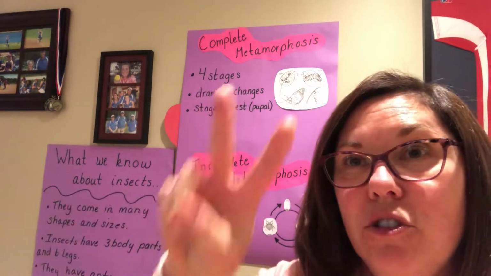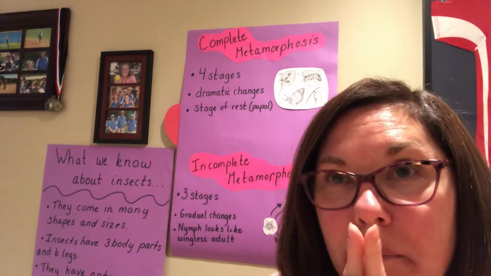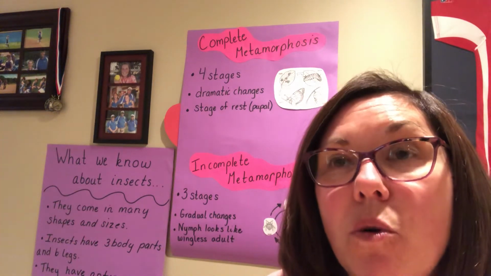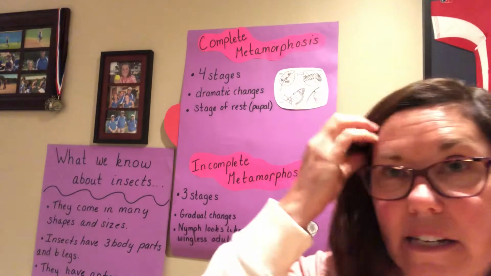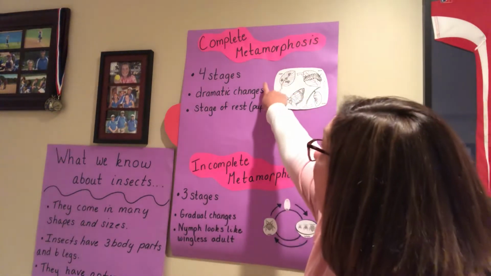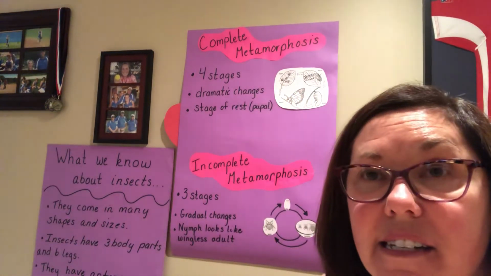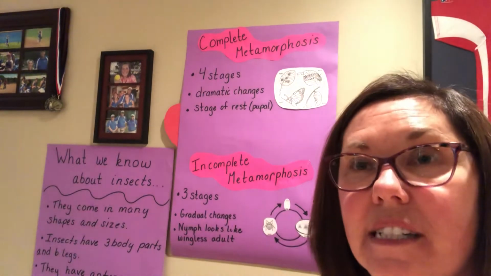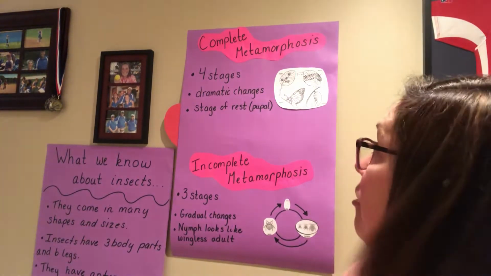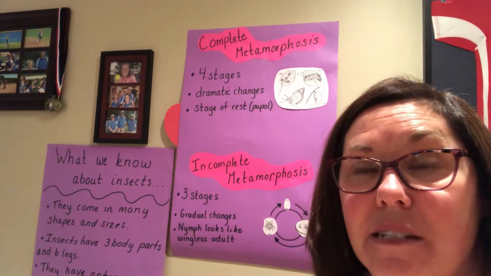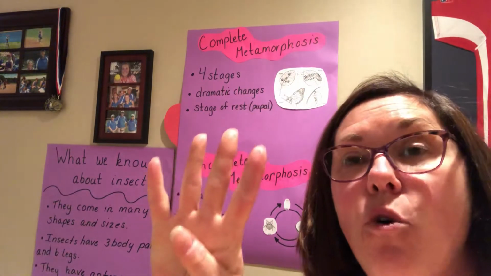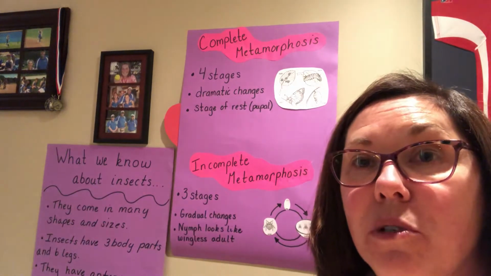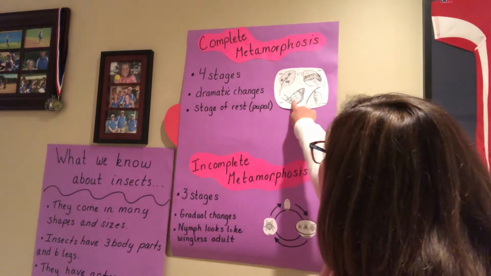Now, there are two types of metamorphosis that different types of insects go through. There is what we call complete metamorphosis, and there's incomplete metamorphosis. And complete metamorphosis means that there are 4 stages that the insect goes through before it becomes an adult.